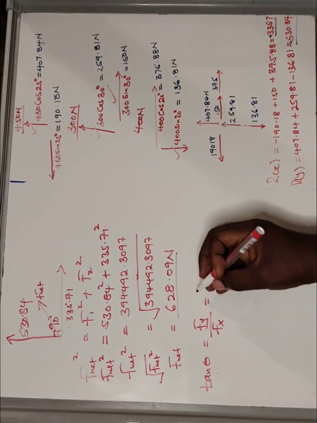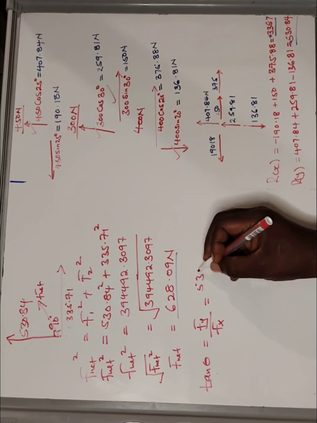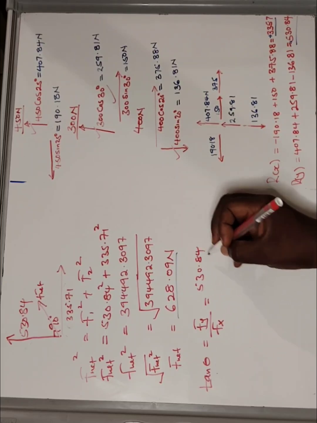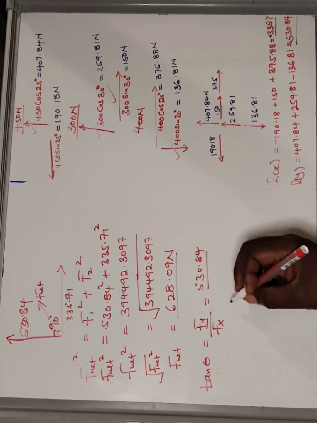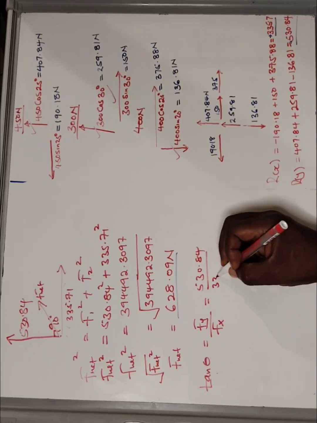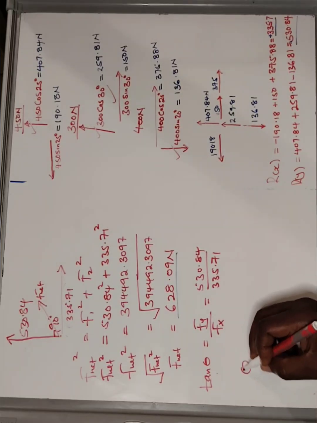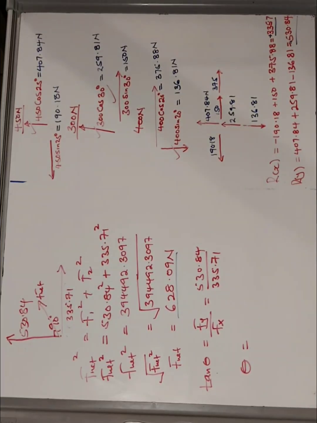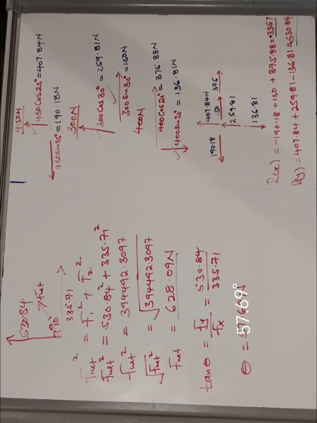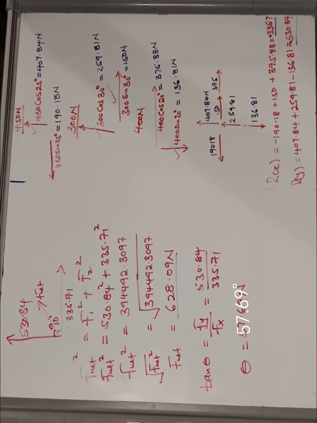Fy is 530.84 and Fx is 335.71. That will give us theta. So there we are. Our net force is 628.09 newtons acting at 57.69 degrees to the horizontal. Yeah, it was a marathon, but it's doable.